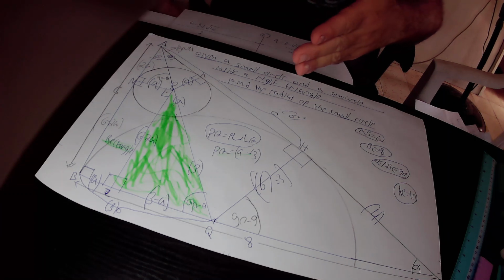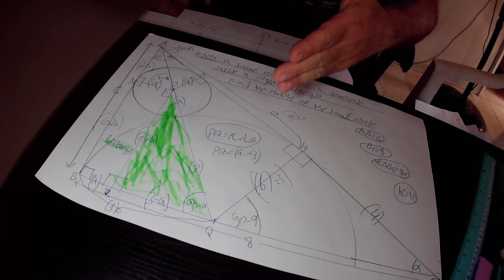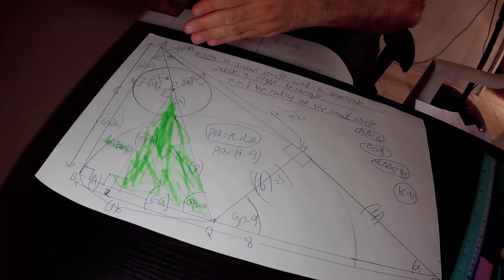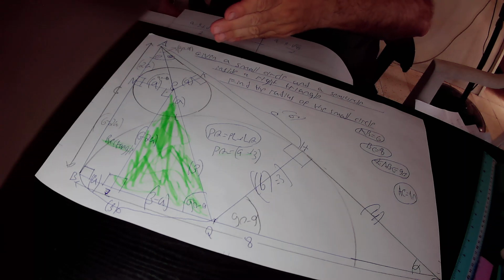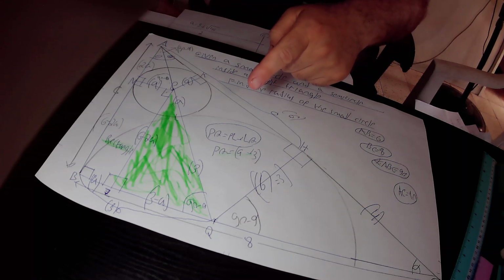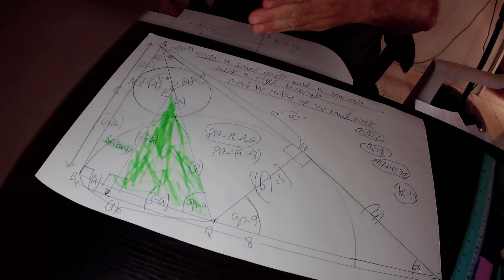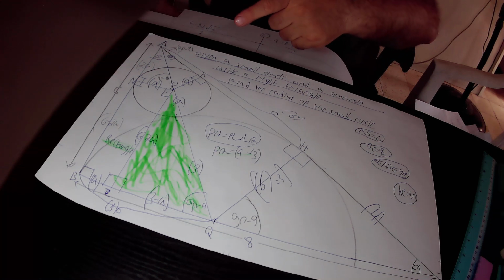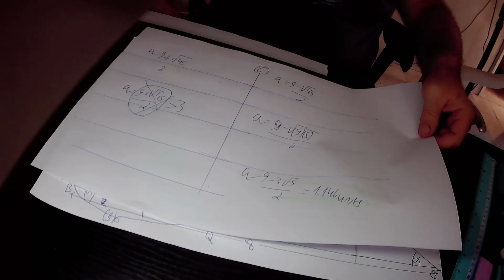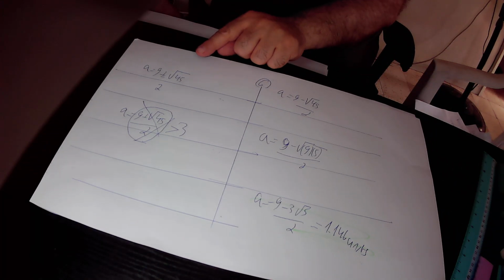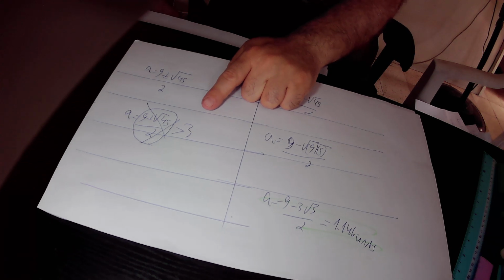Therefore, the radius of the small circle A must be smaller than 3, so this first solution, greater than 3, is not the correct solution.